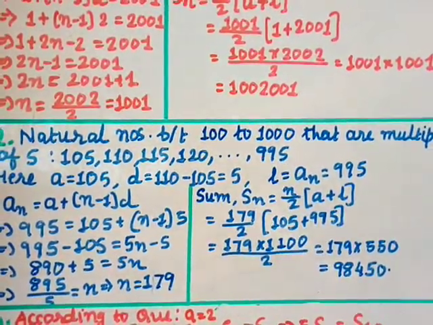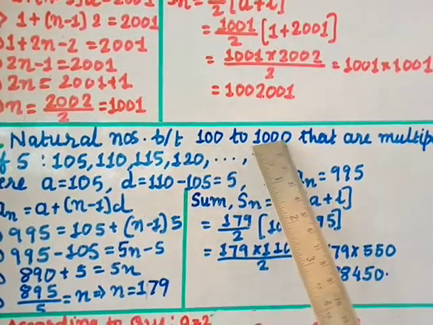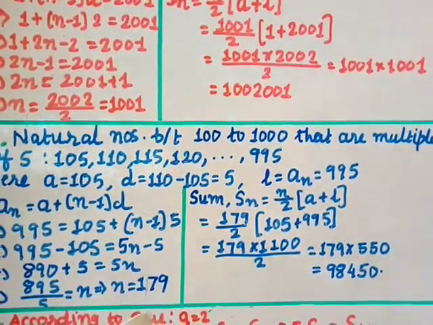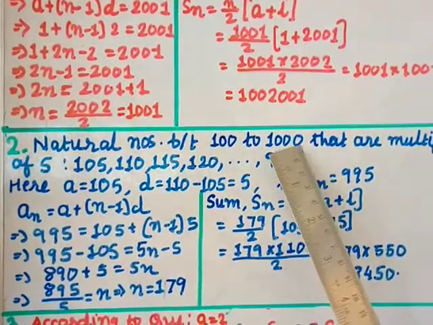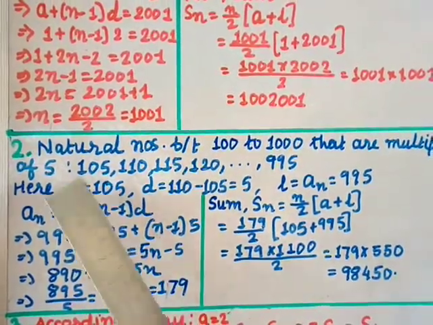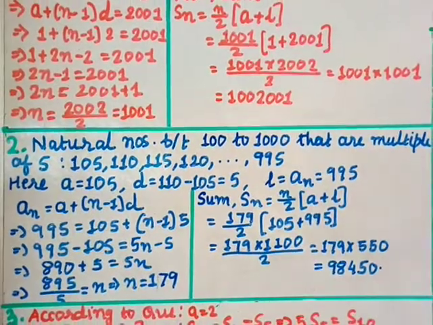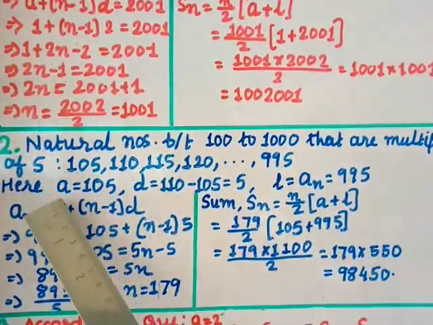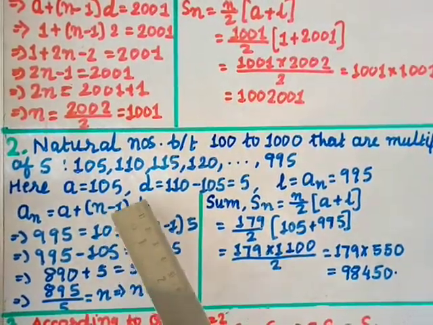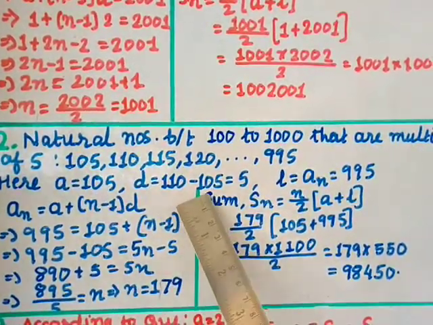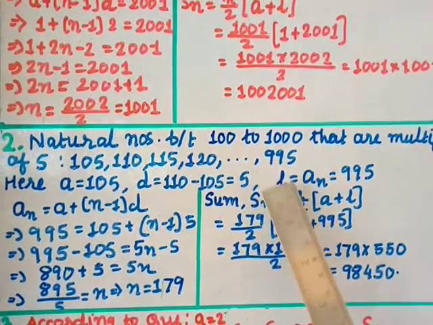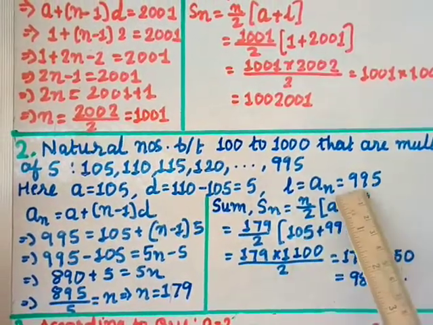Okay, you have to take the numbers between 100 and 1000 and they should be multiples of 5. Each can be divided by 5. So here the first term a equal to 105, and the common difference will be 110 minus 105, which gives you 5. And the last term L equal to an, this one 995.